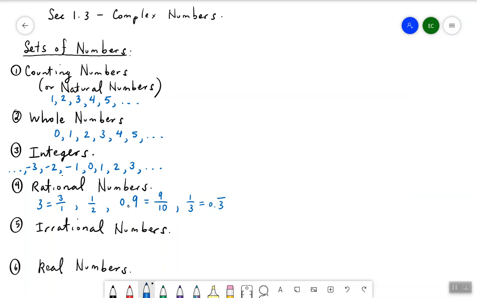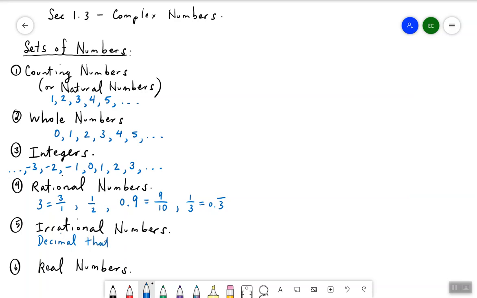Same with 9/10, terminating decimal 0.9, and then the repeating decimal is an example like the fraction 1/3, which is 0.3 repeating. So an irrational number then would be a number that's not rational. That would be a number that's a decimal that doesn't repeat or terminate.